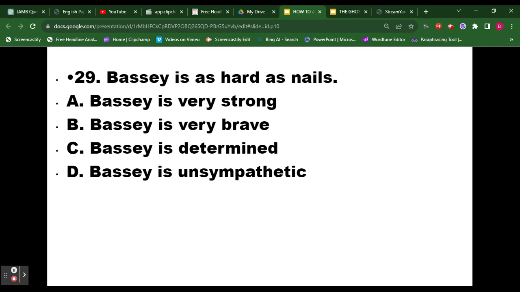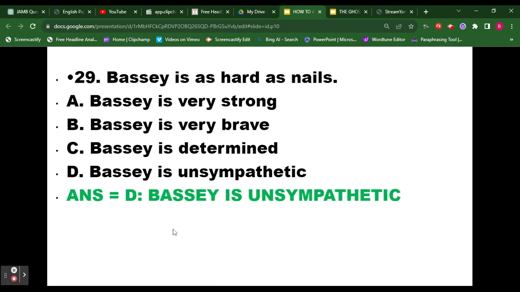It's not easily influenced. So D is more appropriate. Bassi is unsympathetic. That's just what it means. He doesn't easily respond to emotion. That's what it means.